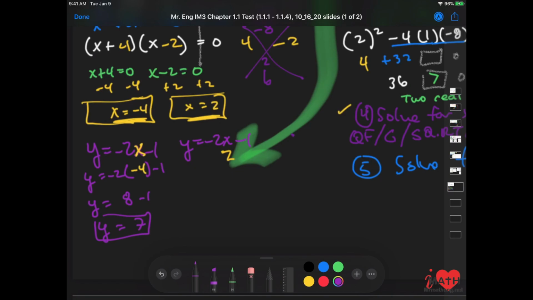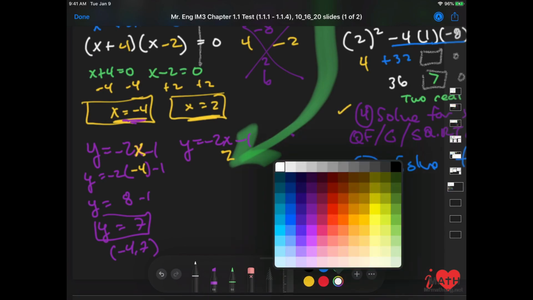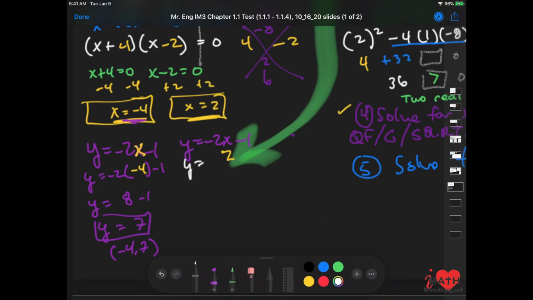Okay? So that ordered pair is negative 4, 7. And over here, you have y equals negative 2 times 2 minus 1. So negative 2 times 2 is negative 4. Negative 4 minus 1 is negative 5. So my ordered pair is 2, negative 5.